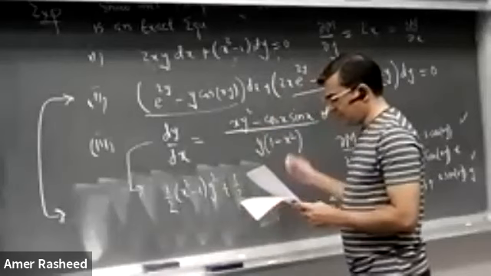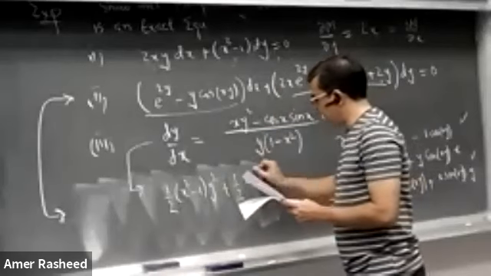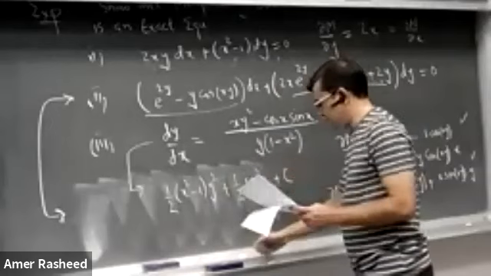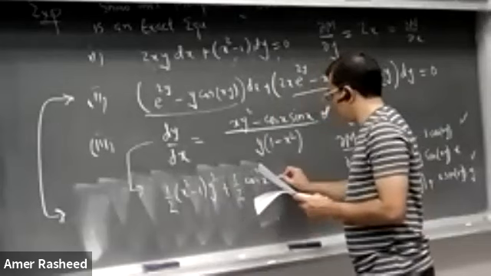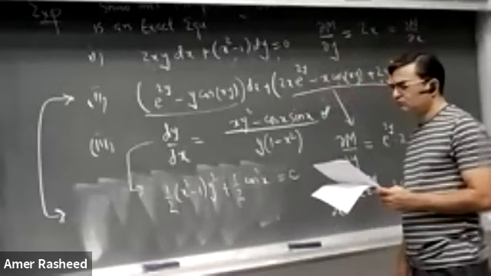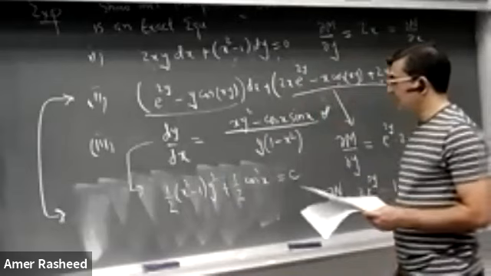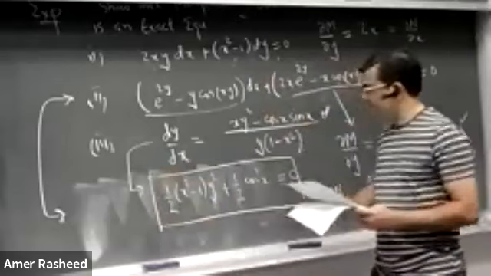In fact, you can cancel out 2 throughout. Cosine square x plus c equal to c, maybe equal to c. This should be your answer.